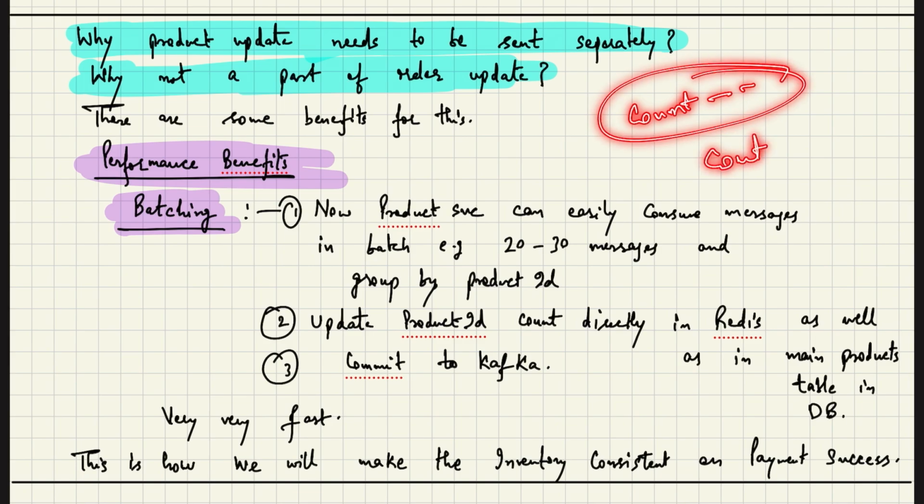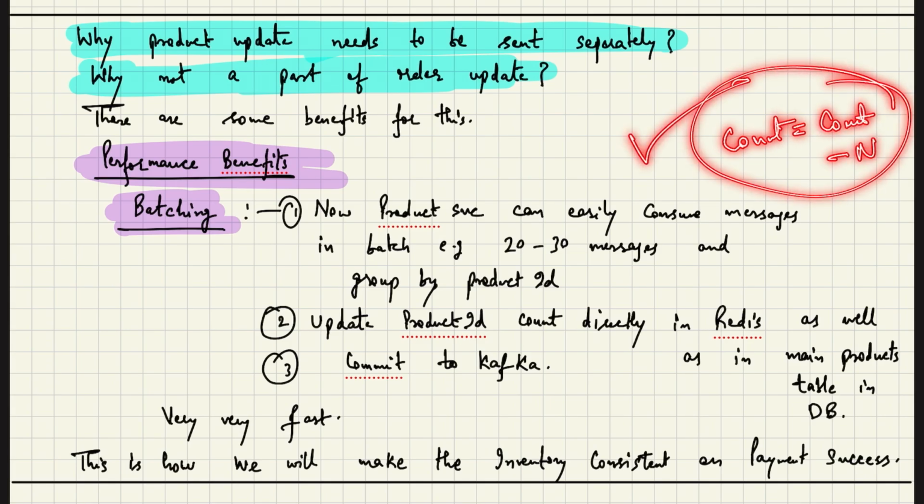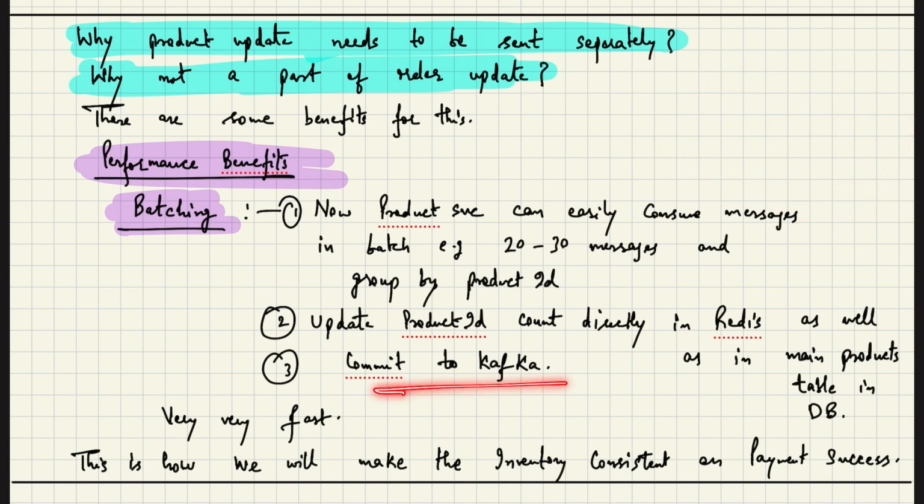We are just doing count equals count minus n. This is the benefit we get from this approach, so that is why we are choosing this way. And finally, we will commit to Kafka. This is very fast. This is how we will make the inventory consistent on payment success. We have discussed this as well.